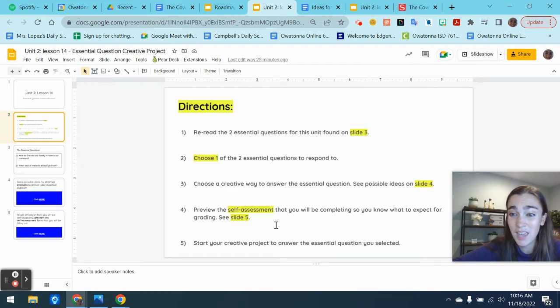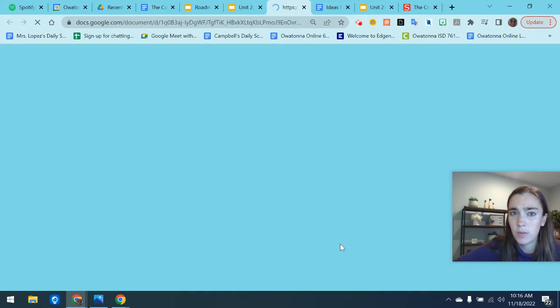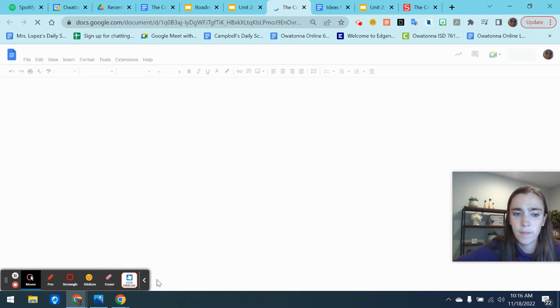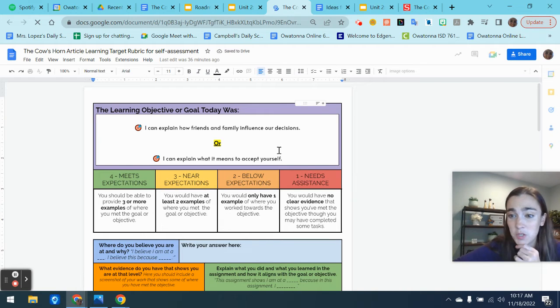It would definitely help you to see what you're going to be graded on before you even start the product, because that way you save yourself some time. So on slide 5, it says click here. You go right here. This is what you will be filling out after you finish the product.